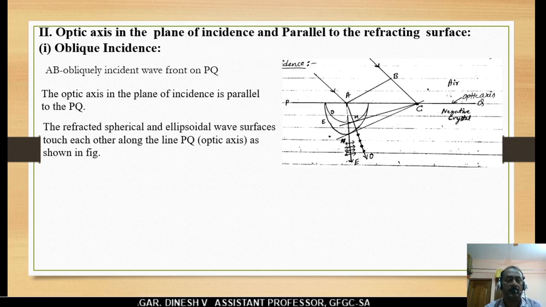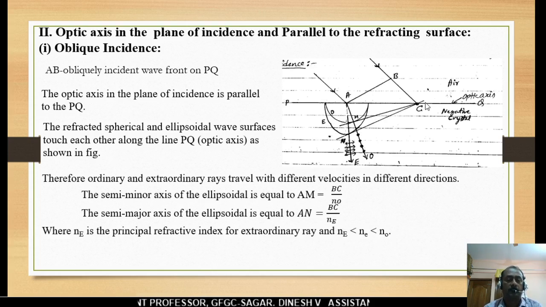The refracted spherical and the ellipsoidal wave surfaces touch each other along the line PQ, that is the optic axis, shown here. Therefore, the ordinary and extraordinary rays travel with different velocities in different directions.